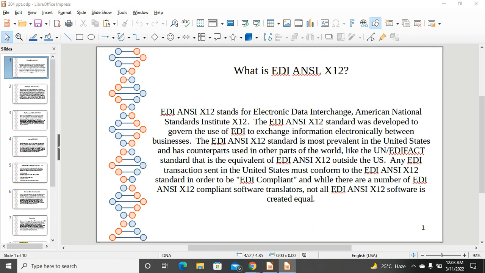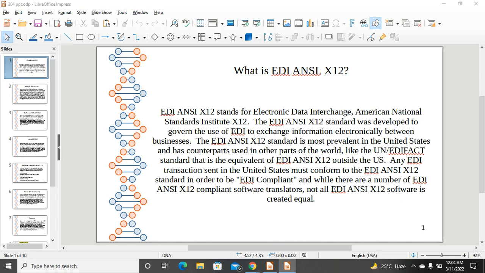An EDI transaction sent in the United States must conform to the EDI ANSI X12 standard in order to be EDI compliant. And while there are a number of EDI ANSI X12 compliant software translators, not all EDI ANSI X12 software is created equal.